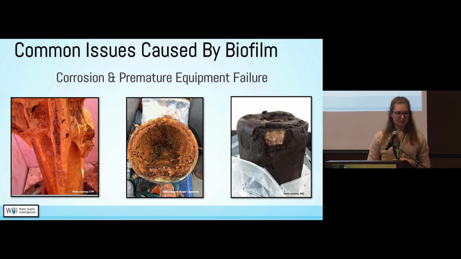It'd be a constant struggle. On the far right, we have an example of a filter that was actually in a residence, and the resident would install the filter, and it would take about 2 weeks, and then this sludgy brown material would basically prevent it from filtering anymore. So I wanted to show some very different examples of what biofilm looks like because it's not necessarily this slimy, gooey substance all the time.